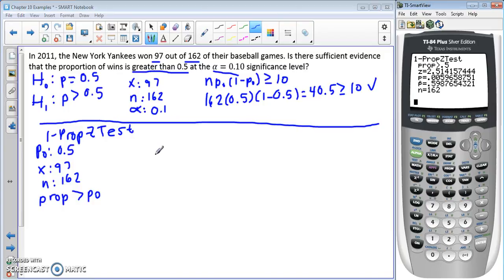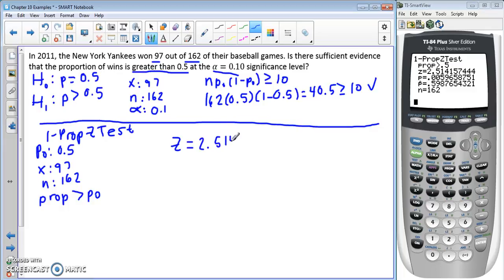So our important information here is that z is equal to 2.514157444, and the p-value is 0.005965871.